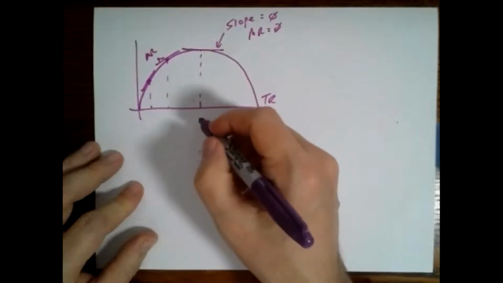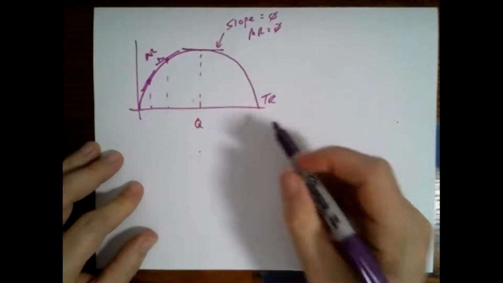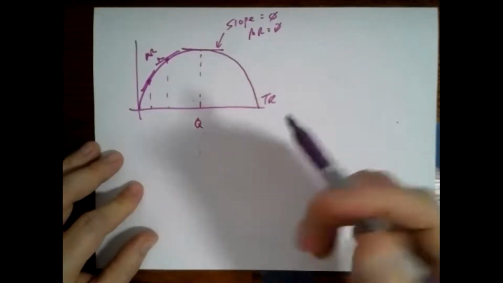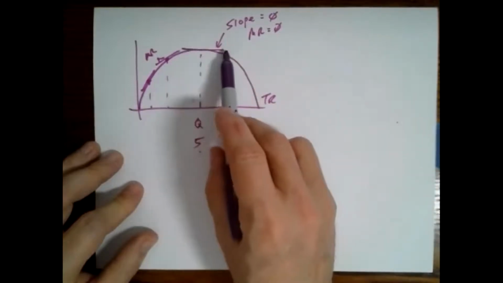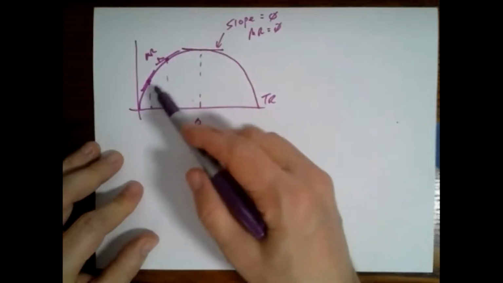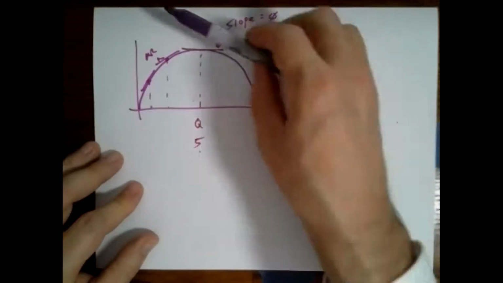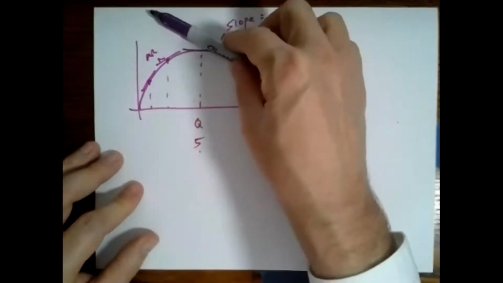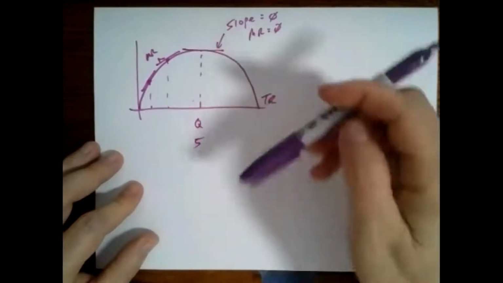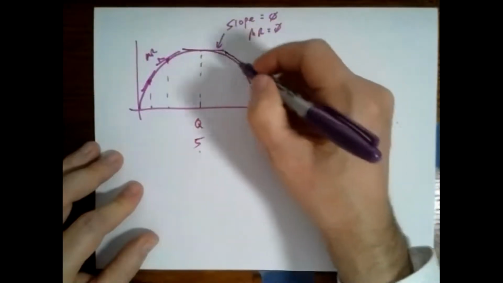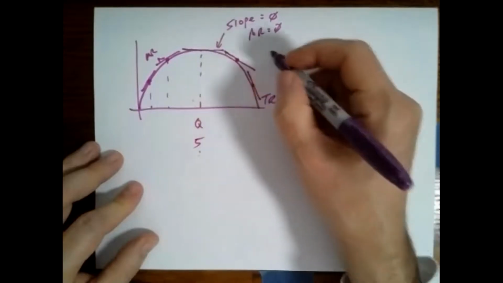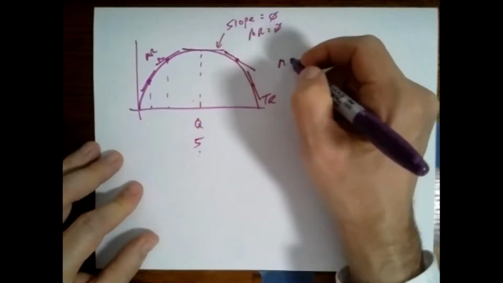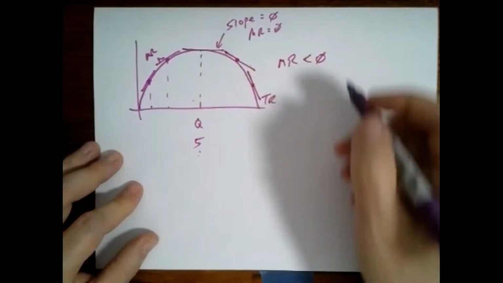So at the top of the total revenue curve, the marginal revenue hits 0. So whatever this quantity is, in this case, it's 5. The marginal revenue is going to equal 0, and the total revenue is going to hit its maximum. And then once we cross 5 and start down the slope, we're going to see downward sloping tangent lines, which means that in this case, marginal revenue is less than 0.